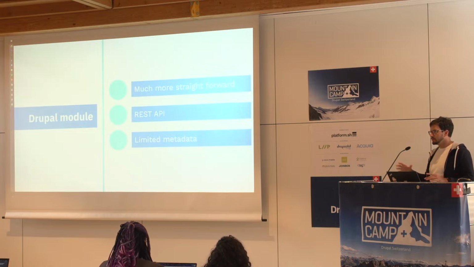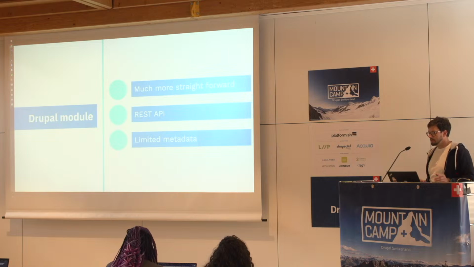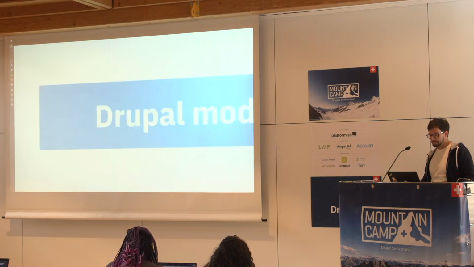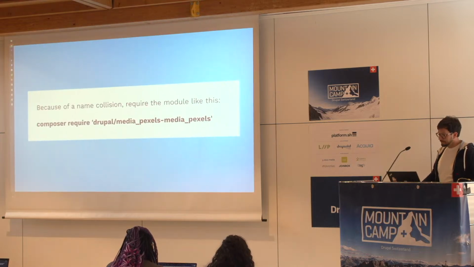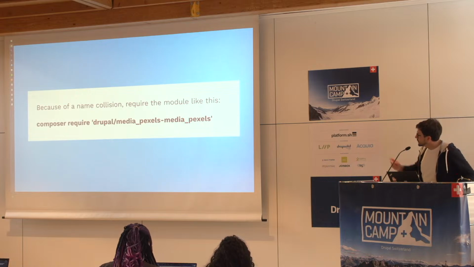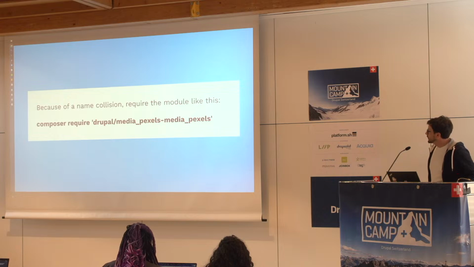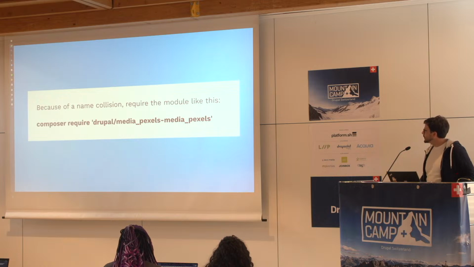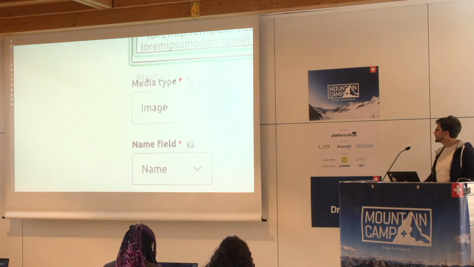So if you want to build a categorization with that, it's a bit of a challenge. Fine print: if you want to try the module, there is a very strange way to do it, because there is a namespace collision. Maybe there was a module already named media Pexels on Drupal.org, so you have to do it like that. There is info about that on the module page.